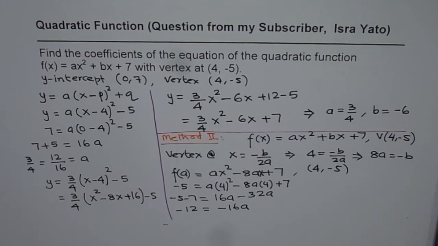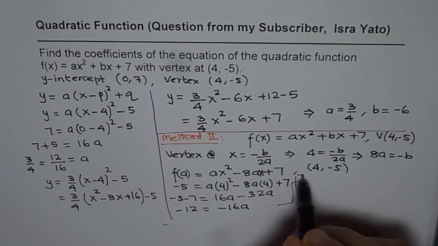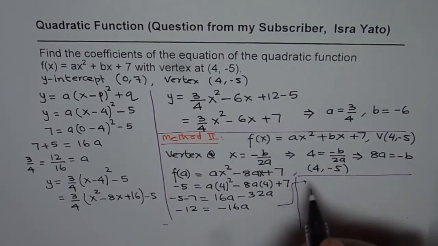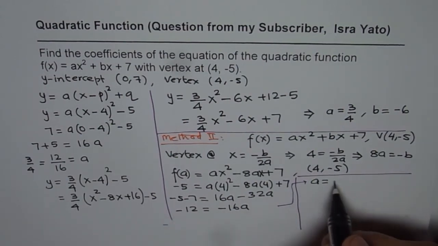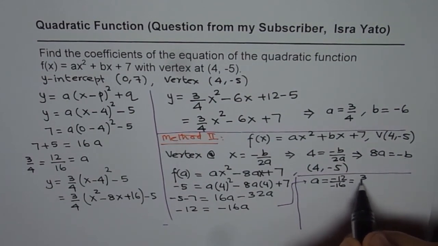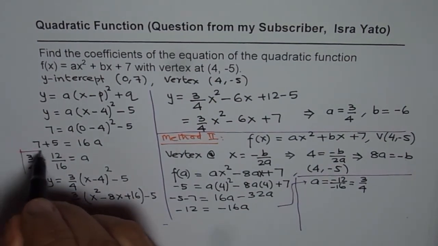So a is equal to minus 12 divided by minus 16, which is 3 over 4, exactly the same as we got earlier. So we got a as 3 over 4.